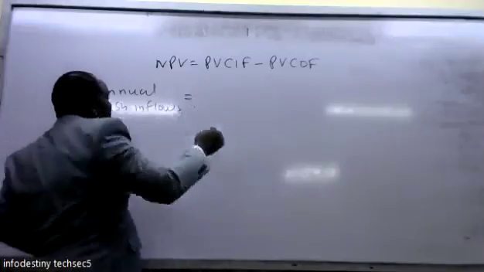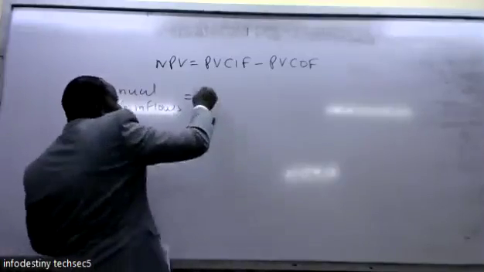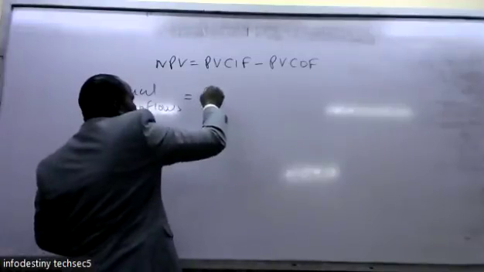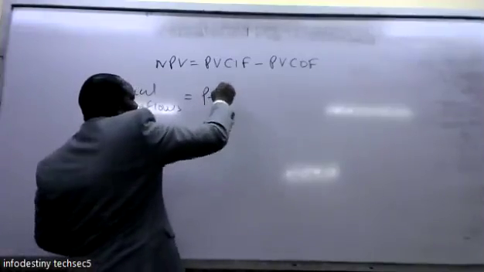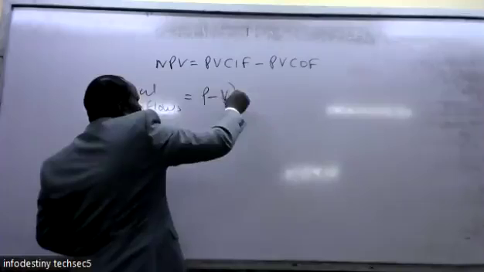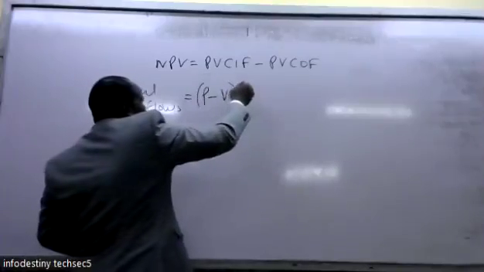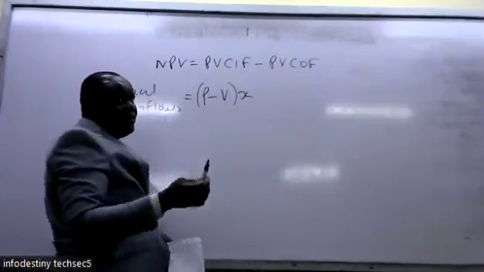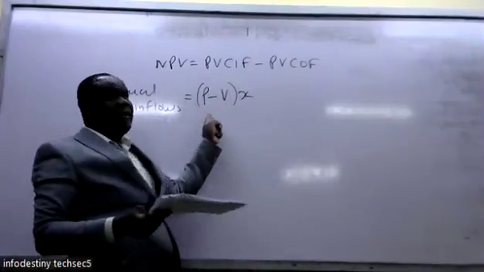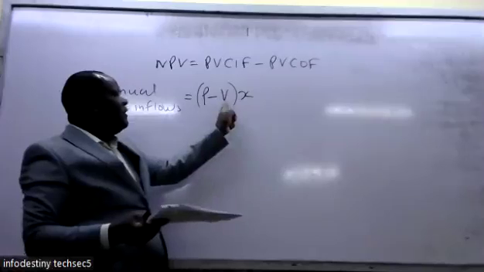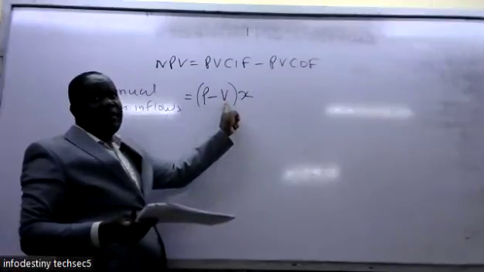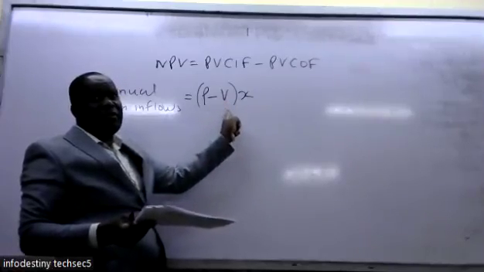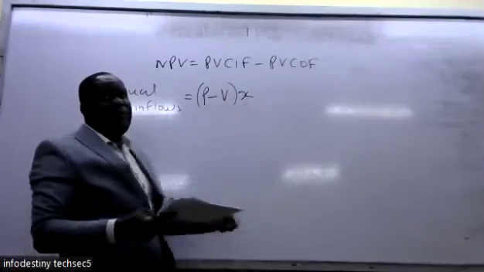The question gave us the selling price, P, minus the variable cost per unit, V, multiplied by X, the number of units. So we need to get the contribution, then multiply by the number of units.